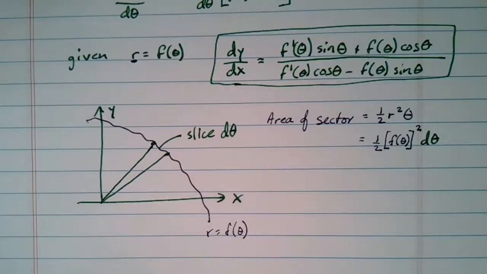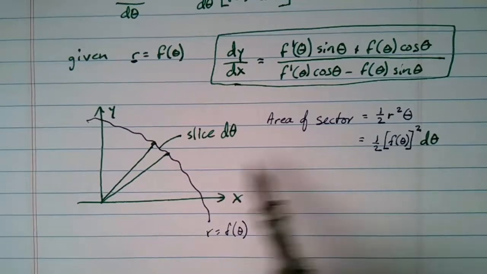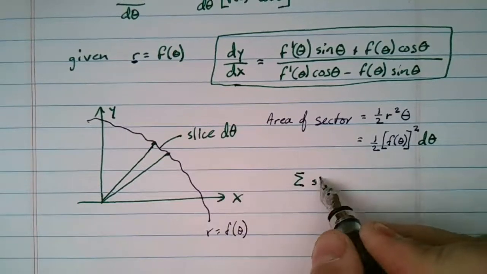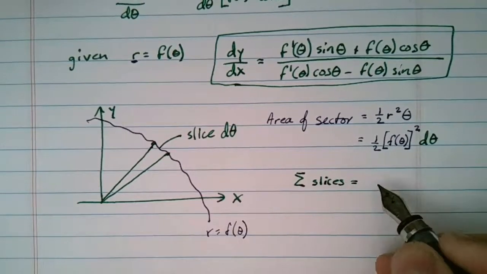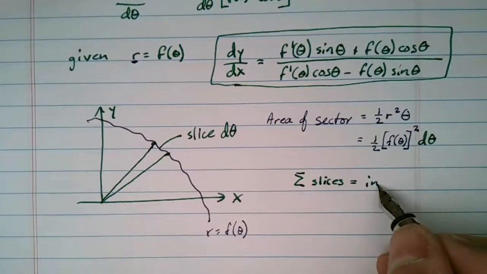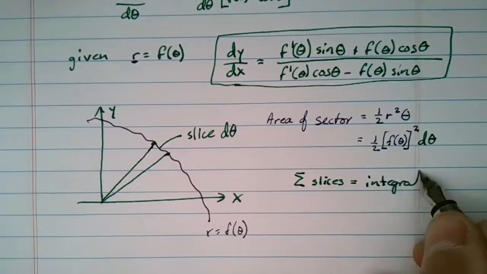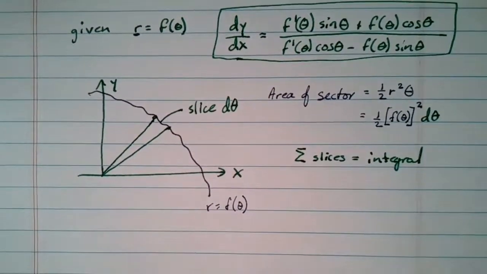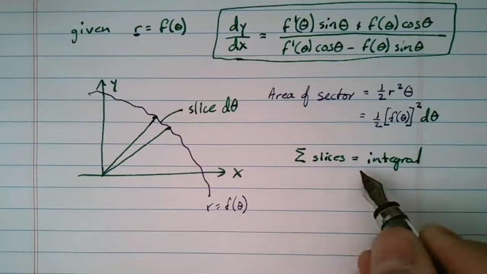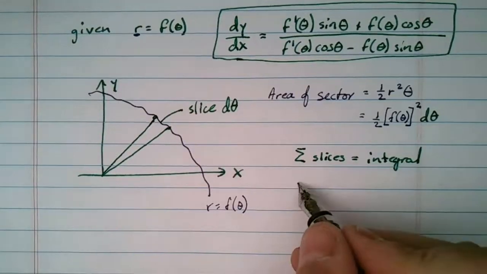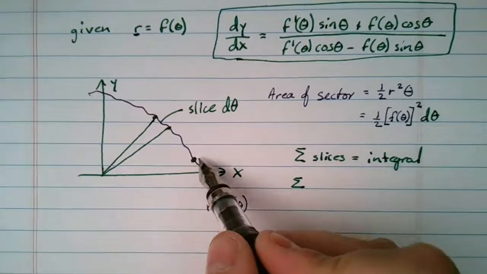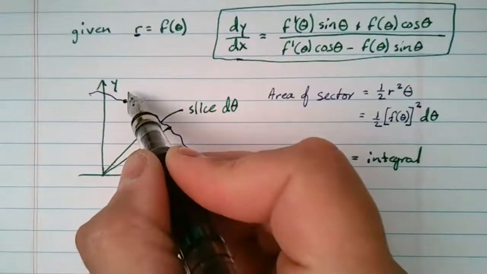Okay, so this is the area of one slice, and the sum of the slices will equal the integral. So if I sum my slices, and let me say we got some point A on the curve, and we got some point B on the curve.